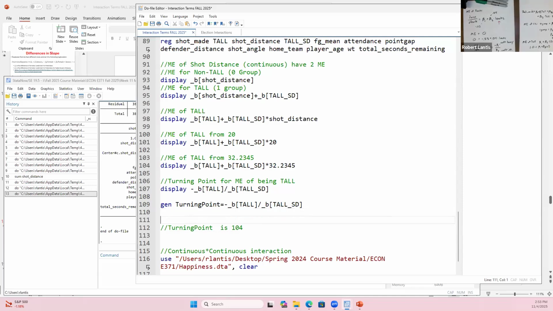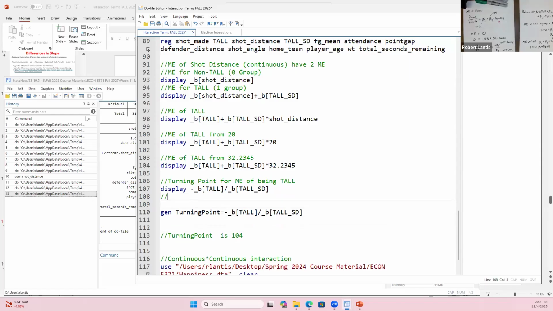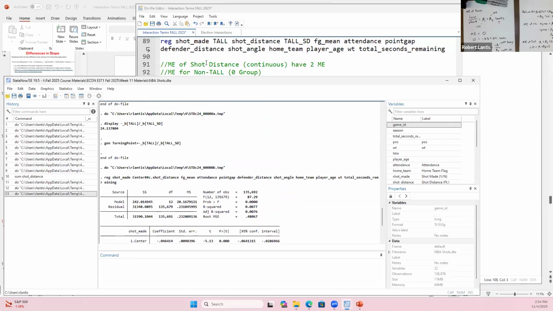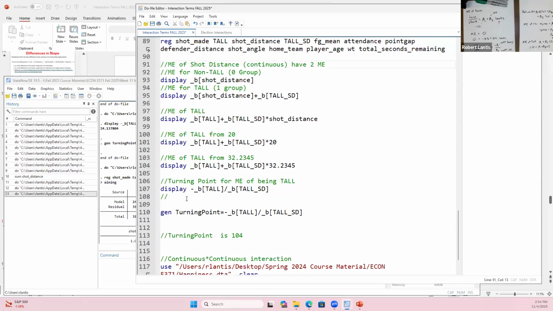Also, one thing that might be helpful, you can always use this display command. This is what I try to do when I'm writing out something to remind myself. This will display the value in Stata, but if you want to have it saved for later use, when I found that the turning point was about 24.14, you could always add that as a comment.